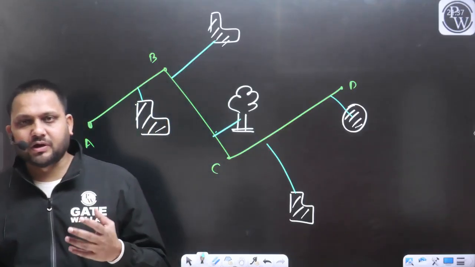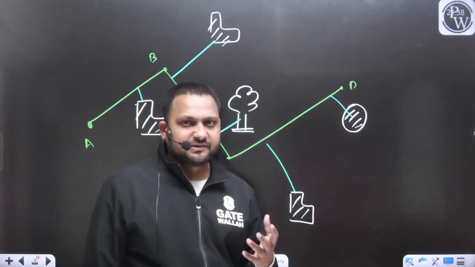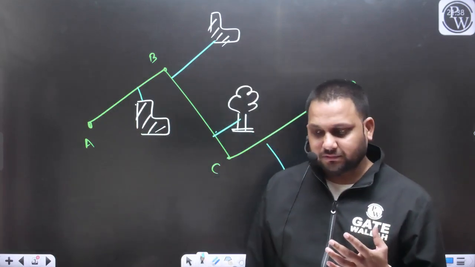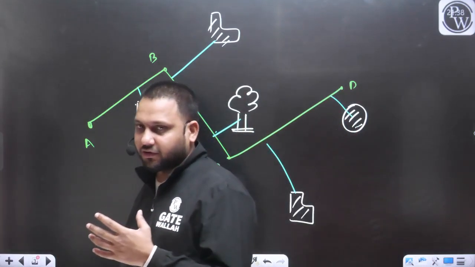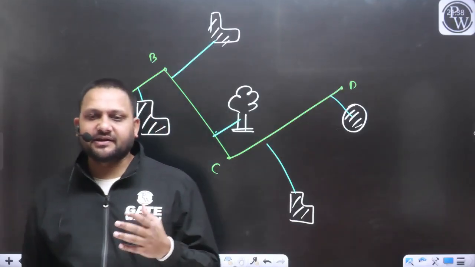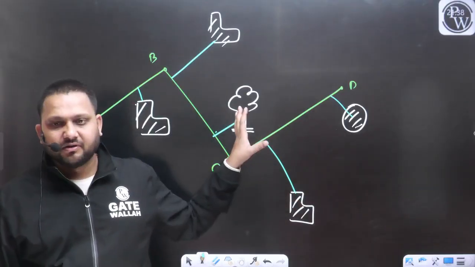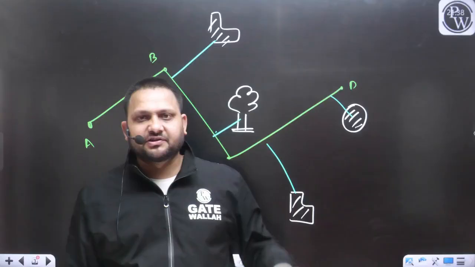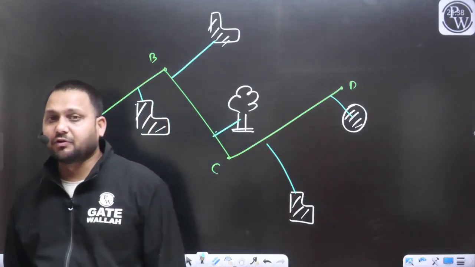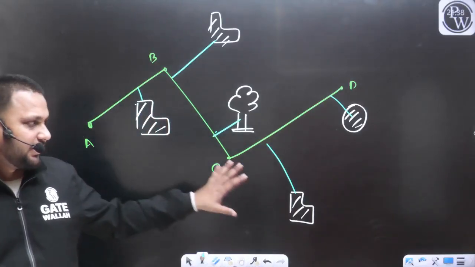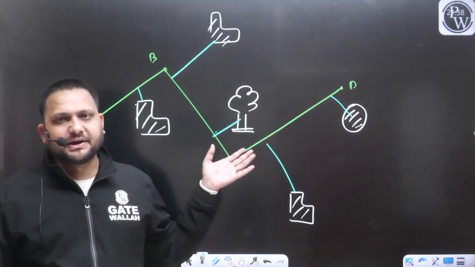If I'm talking about the radiation method, intersection method, not resection, radiation, intersection, and traversing method, we were plotting the detail on the paper. We were collecting the data related to these details, yes or no. That was the difference. Here we are not interested in finding the position of the plane table.